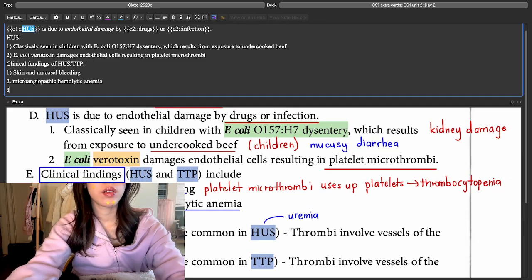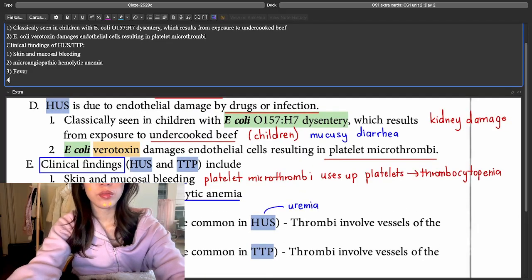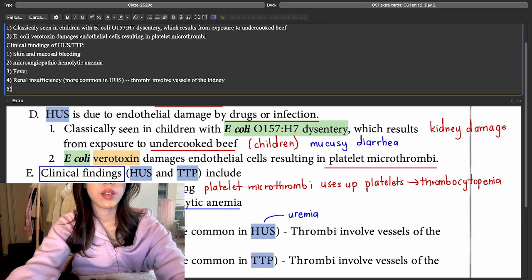Fever. Renal insufficiency, more common in HUS. Thrombi involve vessels, kidney, CNS abnormalities, more common in TTP.